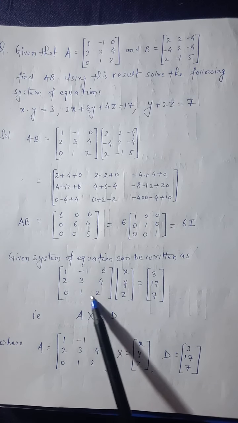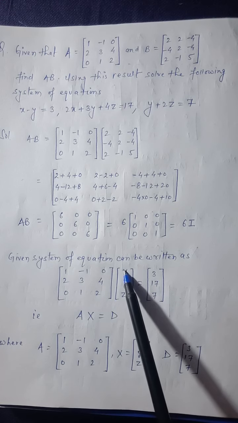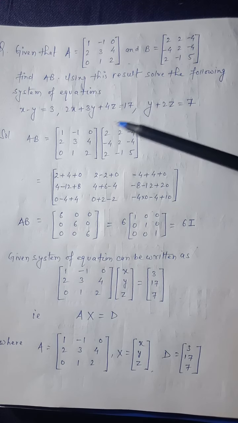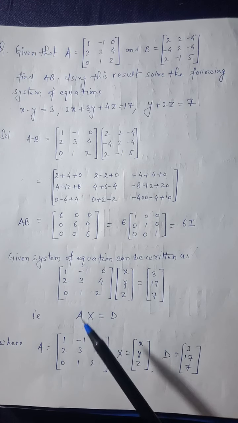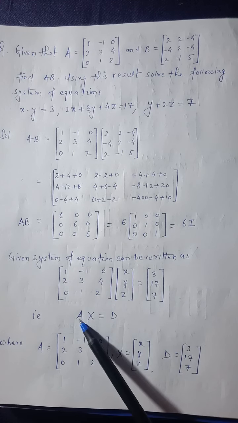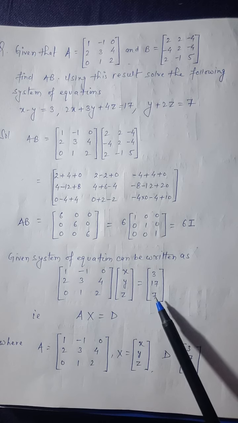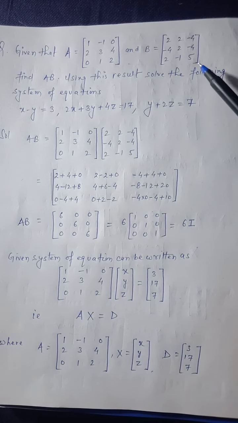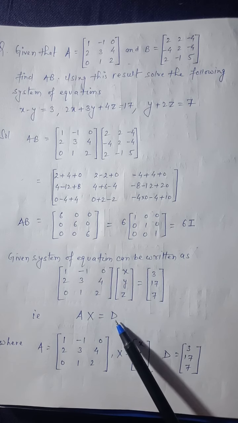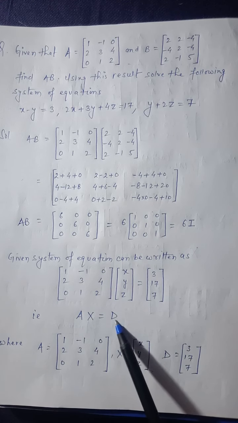So this is the coefficient matrix into the variables x, y, z, and then the constants are 3, 17 and 7. Assume it is A, it is X, but don't assume it as B, because B is already given in the question. So we have to assume a different matrix D. Now AX is equal to D.